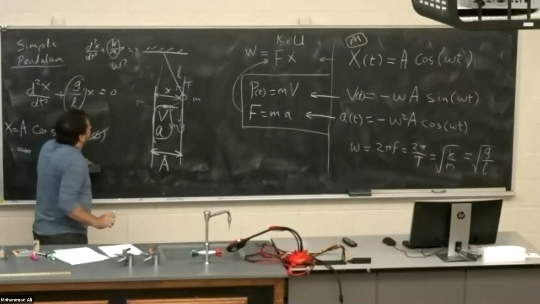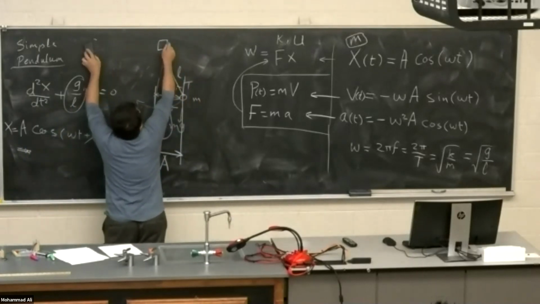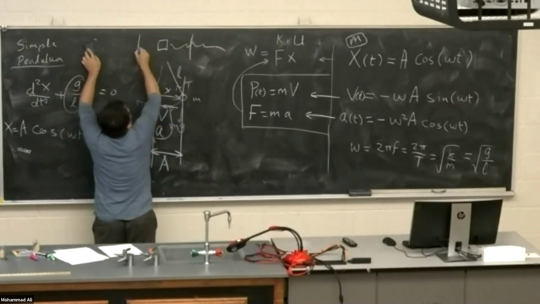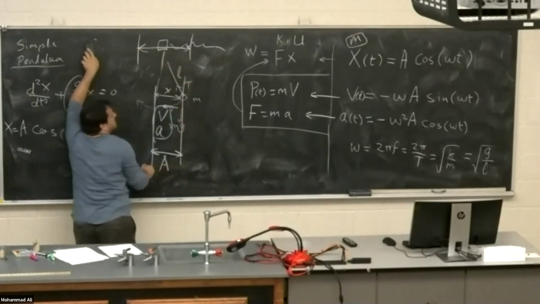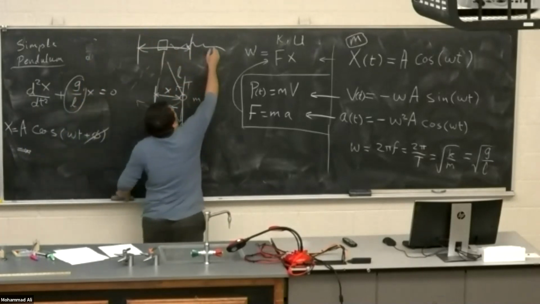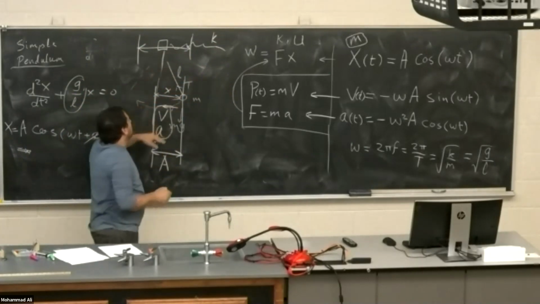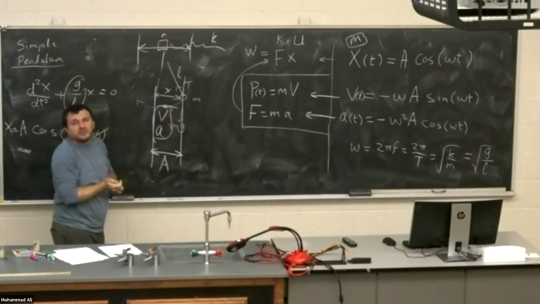The spring system, if you remember, this is the spring system. We have a mass, and the spring is here, and it is vibrating between these 2 points. This is the same amplitude. Here we have K, here we have L. We have the mass, we have the gravity.